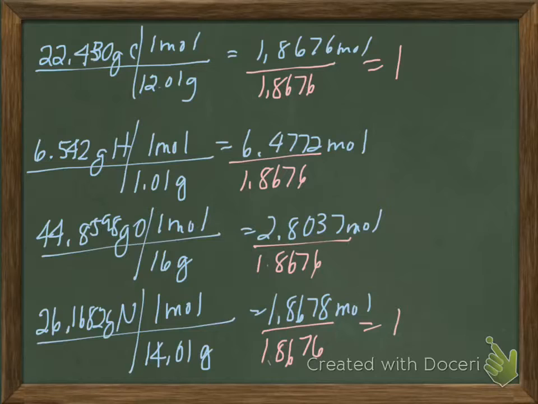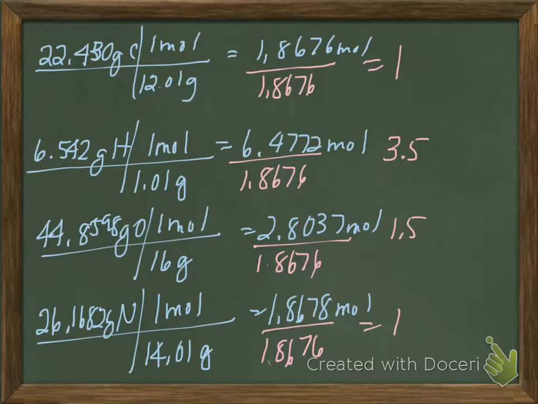Okay? If we do the next one, we get 3.5. And on this one, we get 1.5. And that's a problem. Can I have 3.5 atoms? No, I cannot. Okay? So that's a problem right there.